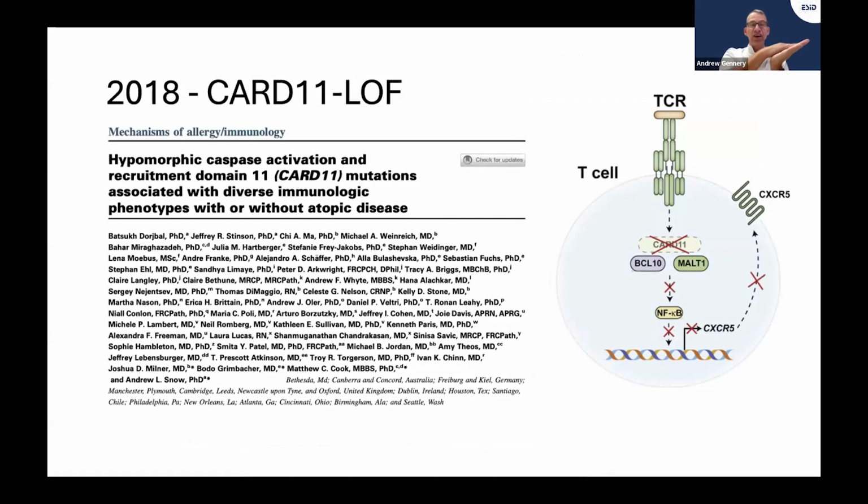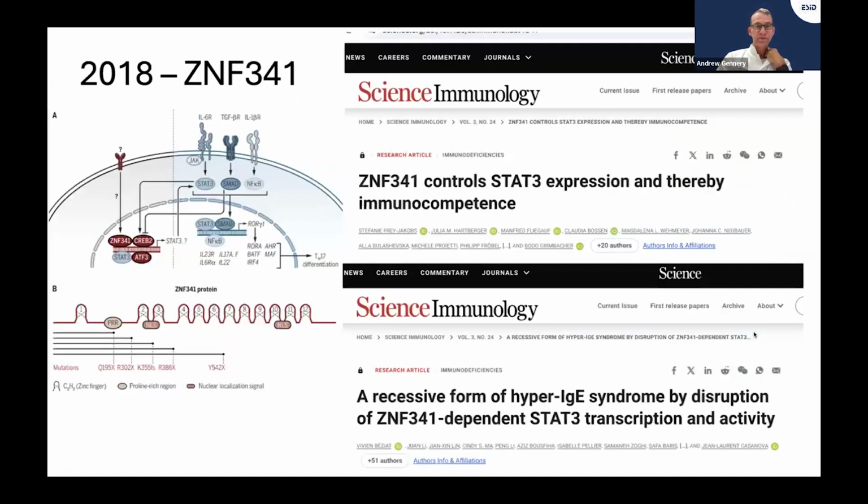So there's a gradient of CARD11 complete knockout, CARD11 loss of function, and CARD11 gain of function. So this is a gene downstream of TCR signaling. So you can imagine that if there's no CARD11 signaling at all, there will also be no TCR signal, and T cells will die, leading to a severe combined immunodeficiency. But if there's little CARD11, we end up with the phenotype of a hyper IgE syndrome.